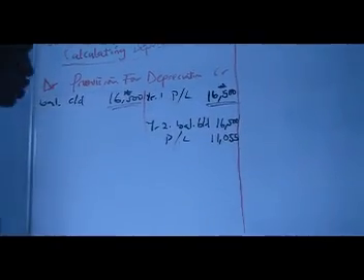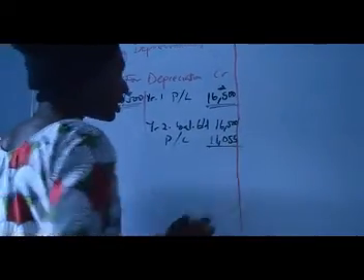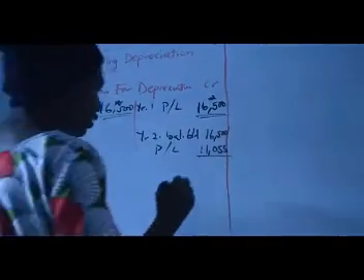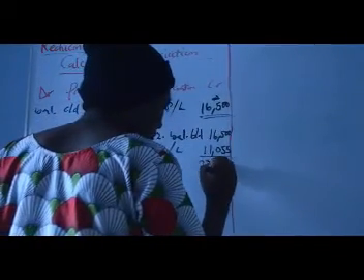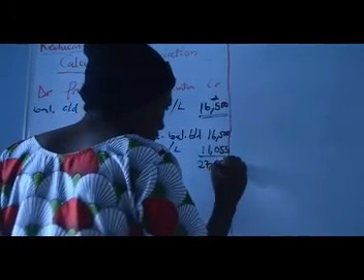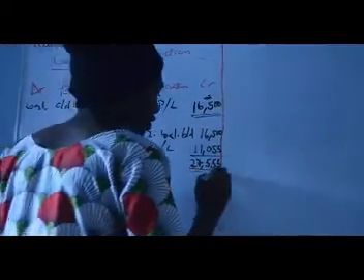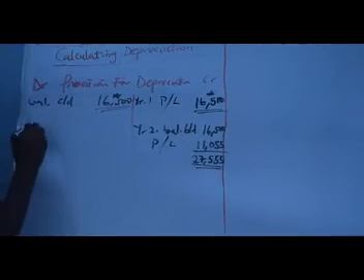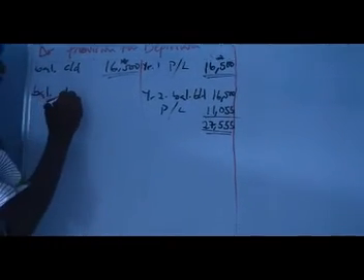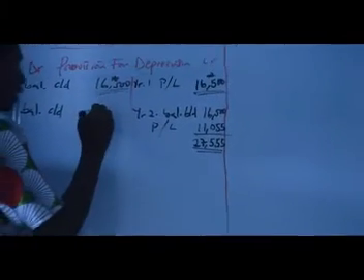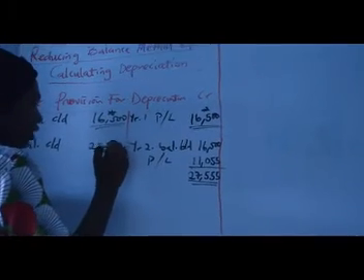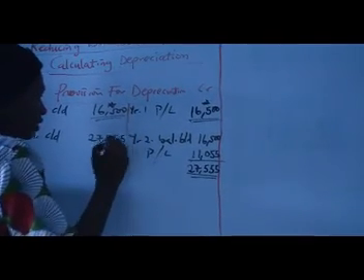That will give us 27,555. Okay, that's for the second year. So our balance carried down will be 27,555.